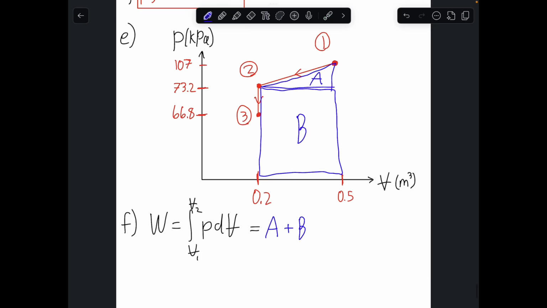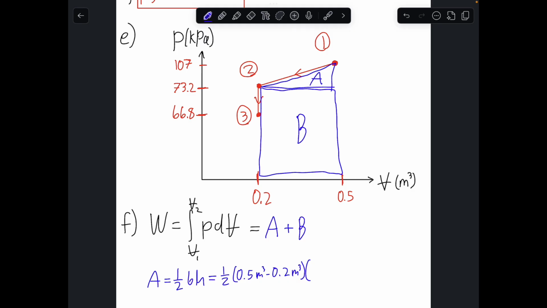So to write those out, we will have A is just going to be equal to our area of a triangle, which we know is 1/2 base times height. So in this case, the base is going to be this base here, which is just the difference from 0.2 to 0.5. So we'll write 1/2 times 0.5 meters cubed minus 0.2 meters cubed.